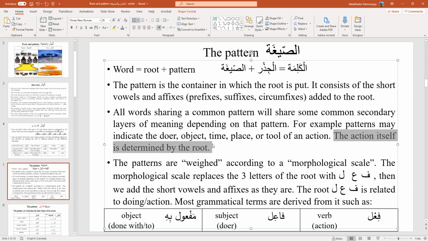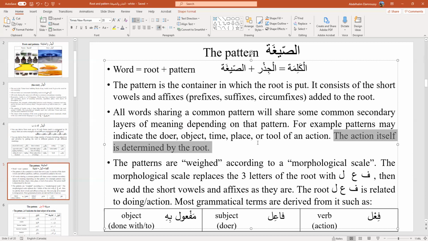The pattern can also indicate other layers of meaning, like layers of description, intensity, etc. But the action itself is determined by the root.